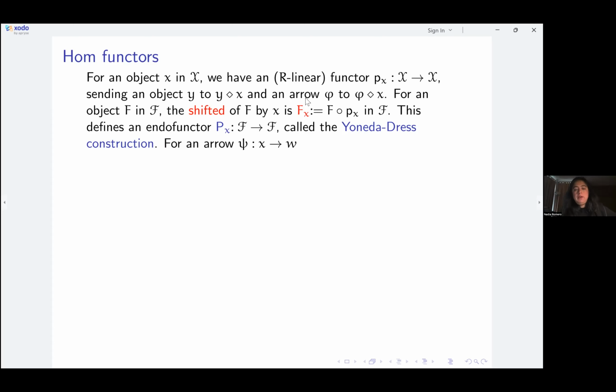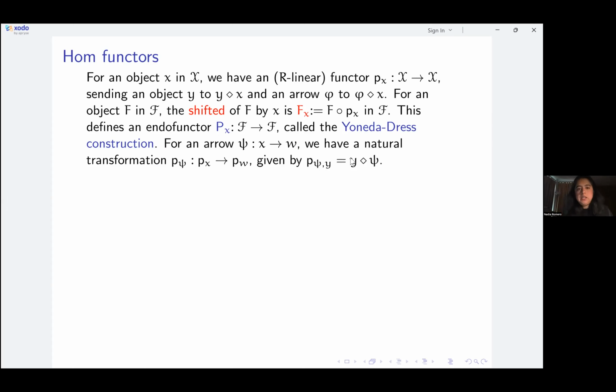Also, if we have an arrow in our category X, we can define a natural transformation. It is defined on an object, again, only by tensoring, this time tensoring by this arrow on the right. So this is the identity of Y, and we're tensoring this identity arrow with the given arrow.